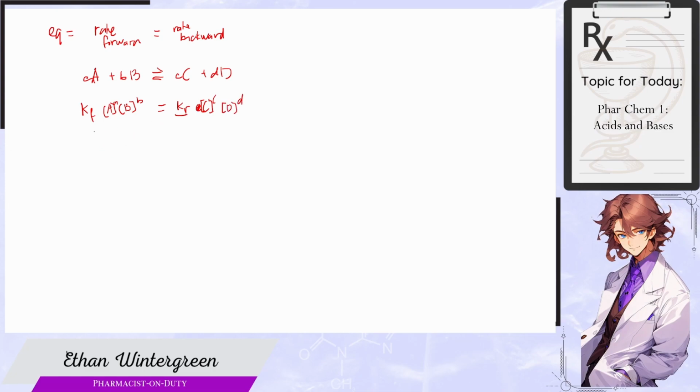If we combine the two constants together, KF over KR equals [C][D] over [A][B]. This is your equilibrium expression.